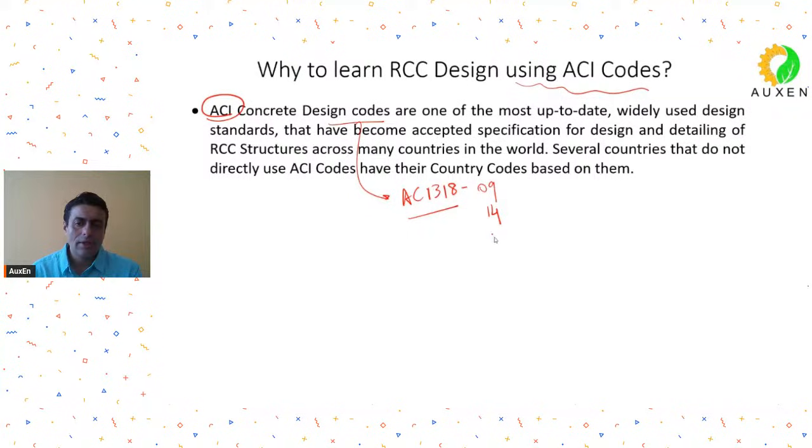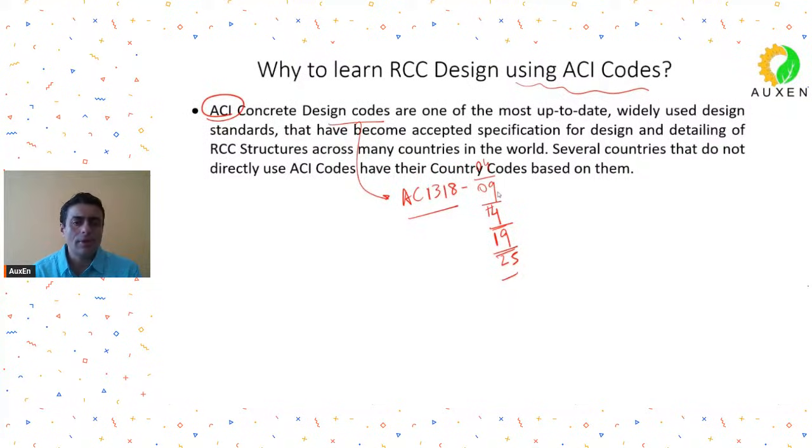Then you had in 19, and now you have it in 25. Before that, you had in 04. So it was following a 5-year cycle of revision. Okay, ACI 318, that is. So they get revised quite frequently, and they are one of the most up to date design standards that you would find.